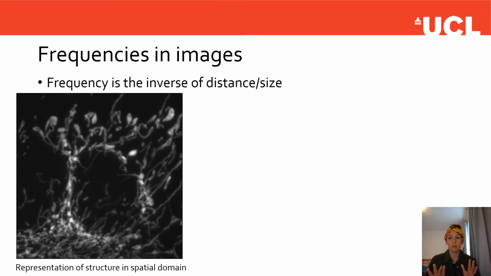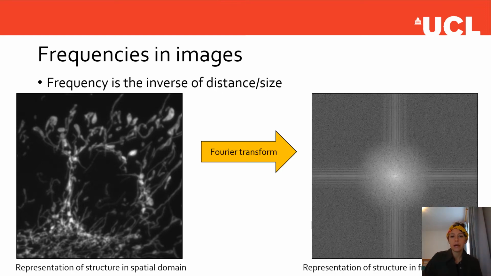An alternative way of representing exactly the same information is in the frequency domain. So this is in the inverse or reciprocal domain. And we do that by something called a Fourier transform. And if we Fourier transform our image, and if you use ImageJ or Fiji, for example, you can actually do this to your images.